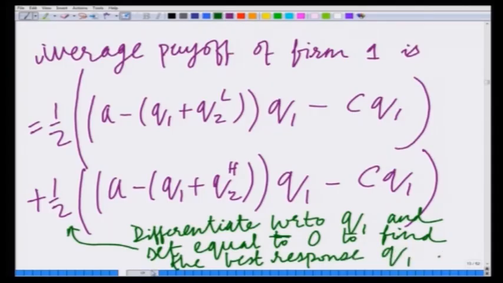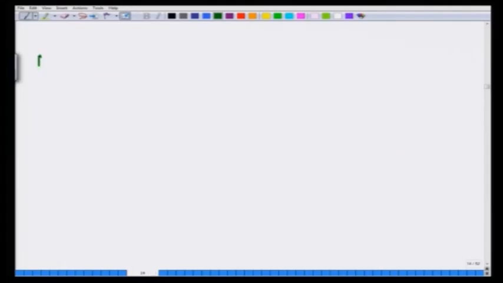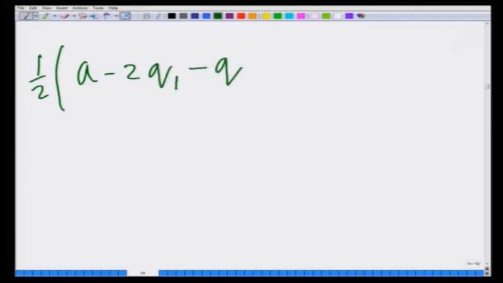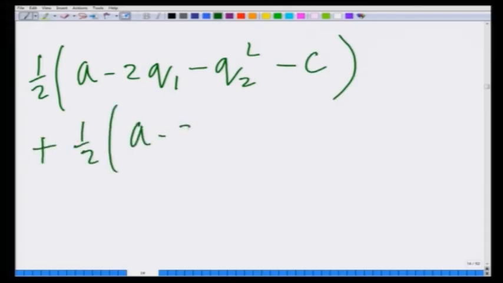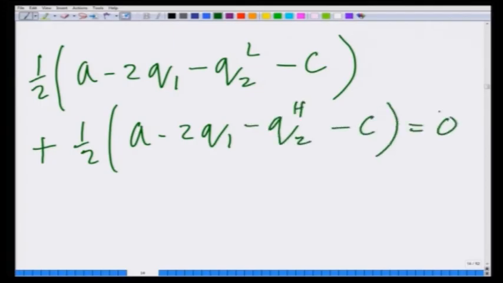When I differentiate and set this equal to 0, you can check, I will have half of A minus 2 Q1 minus Q2L minus C plus half of A minus 2 Q1 minus Q2H minus C equal to 0.